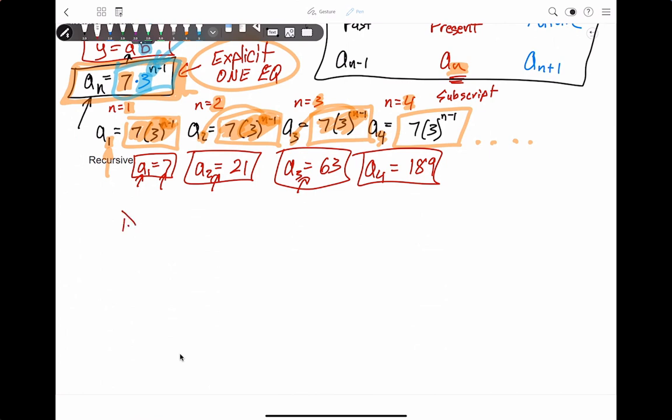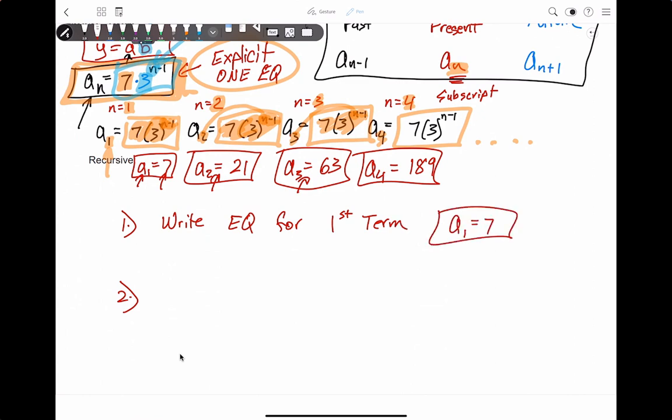This needs 2 equations, not just one. The first one is we're going to write the equation for the starting number, or you could say for the first term. Okay, so I'm going to start at this first term, and I'm going to say that a sub 1 is equal to 7. That's our first equation, if you will.